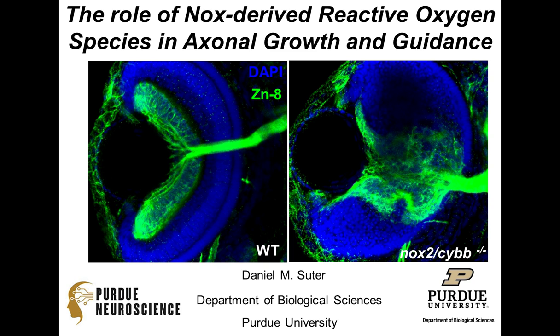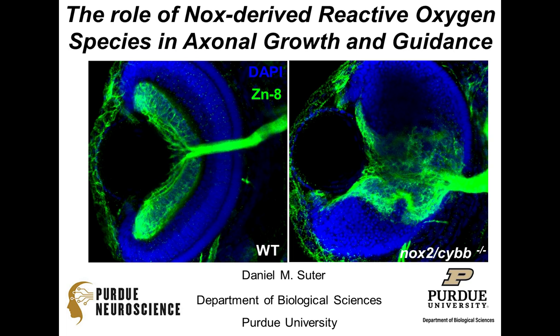I would like to thank the organizers for giving me the opportunity to talk about some of our work, specifically today about our project on the role of reactive oxygen species in axonal growth and guidance.